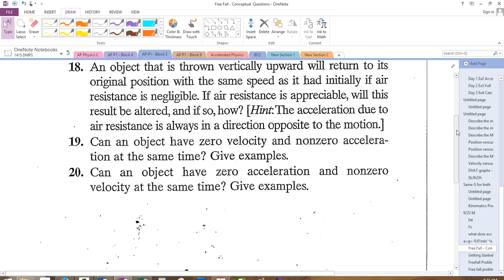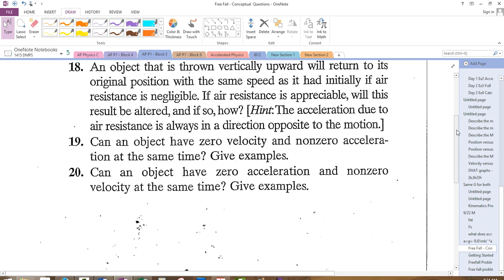Okay, so I'd say it would have a lesser velocity when it comes down, because if you throw it up, the air resistance is pushing down and that would reduce the velocity. On the way down it would also have that reducing the velocity of the object.